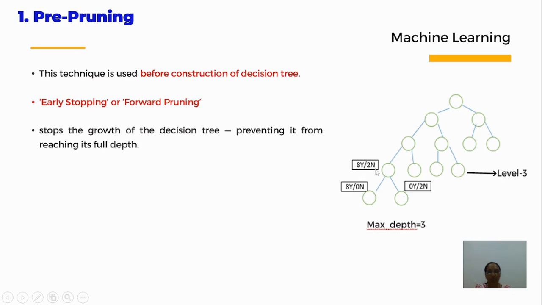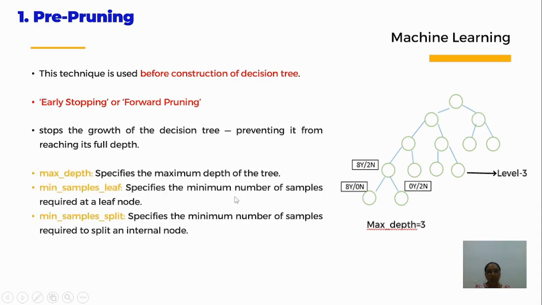Here we will stop by setting the maximum depth of the tree equal to 3. After this we will not split the tree, and we will prevent the overfitting problem by setting the maximum depth equal to 3.